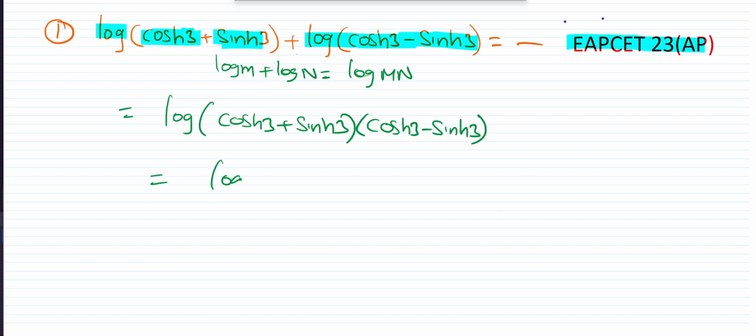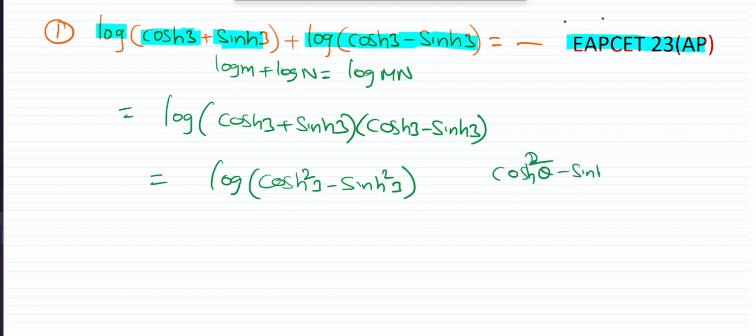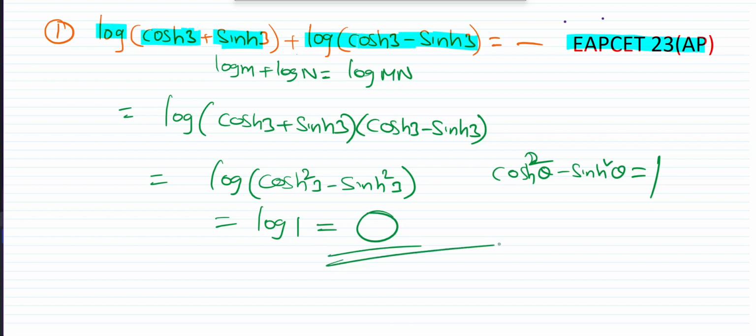That is equal to log of, this is in the form of a plus b into a minus b, that is cosh square 3 minus sinh square 3. We know the formula that cosh square theta minus sinh square theta is equal to 1. This is equal to log 1. Log 1 is 0. That is the required answer.